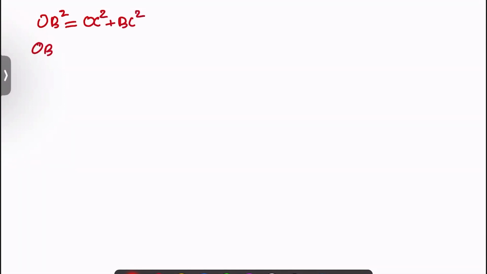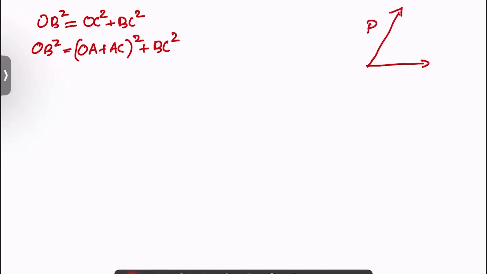OB square equal to OA plus AC the whole square plus BC square. And quickly write this thing. This is P, this is Q, this is the parallelogram, and this is the triangle.